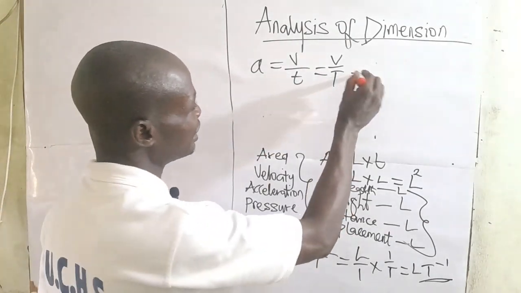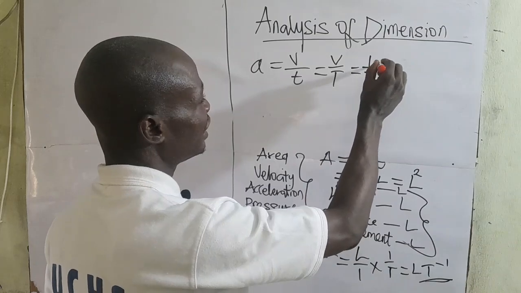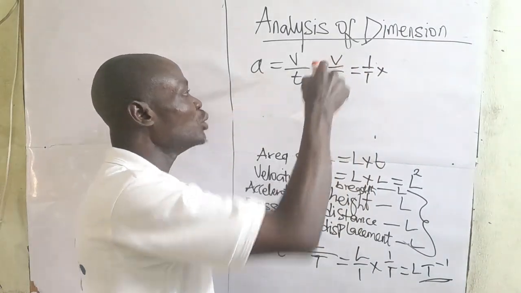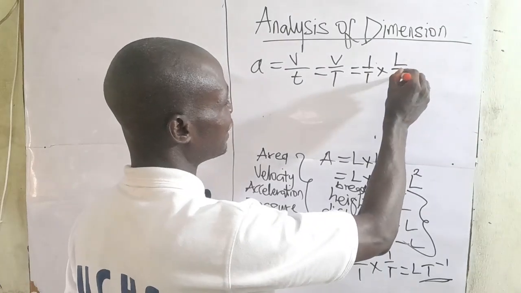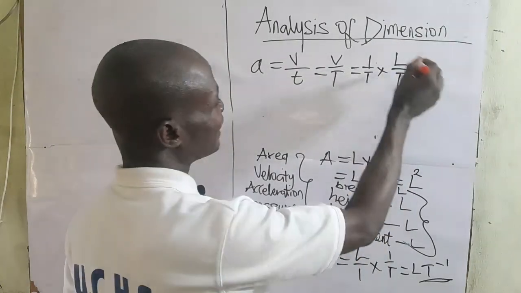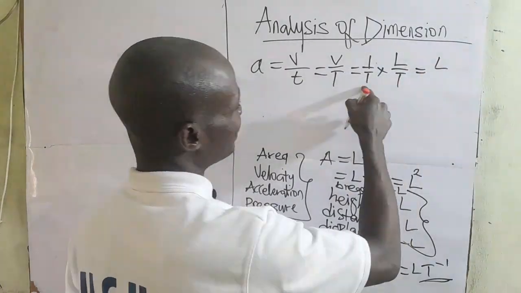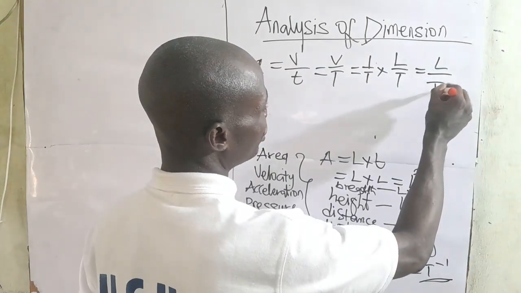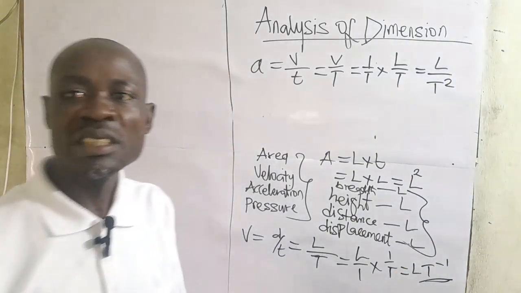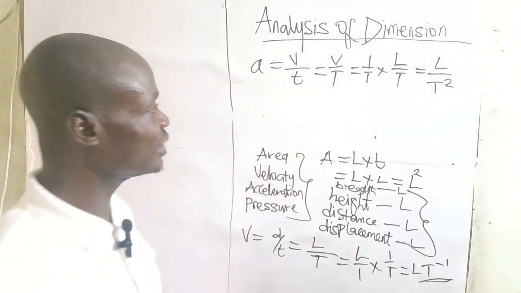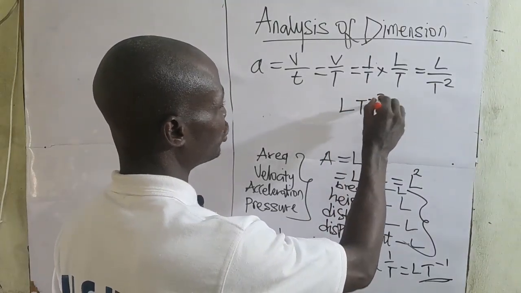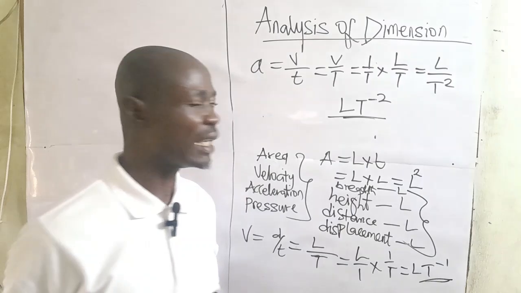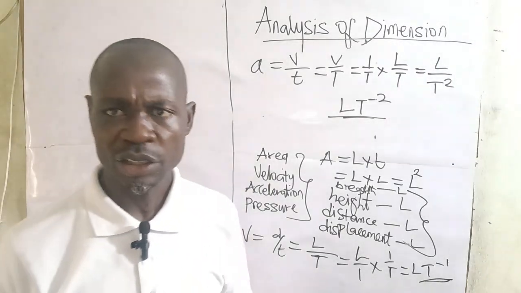So I am going to do 1 over t, then multiply by v, and I am going to define v. v is displacement over time. So I do 1 times L, which is L, and then T times T gives T squared. Then using the indices rule, I have L T raised to power minus 2. And that gives me the dimension of acceleration.